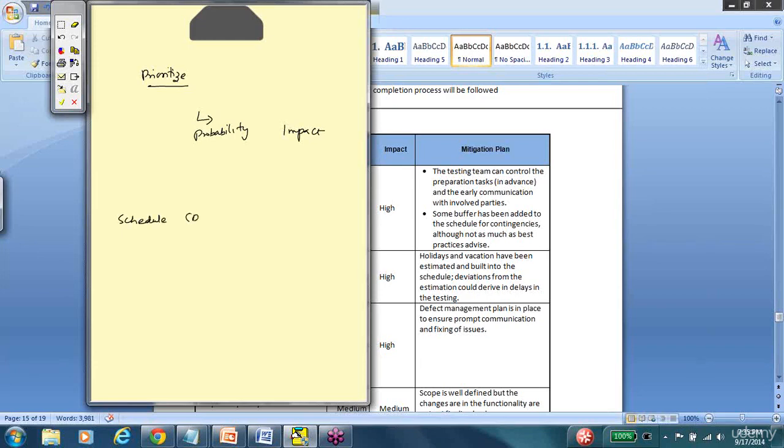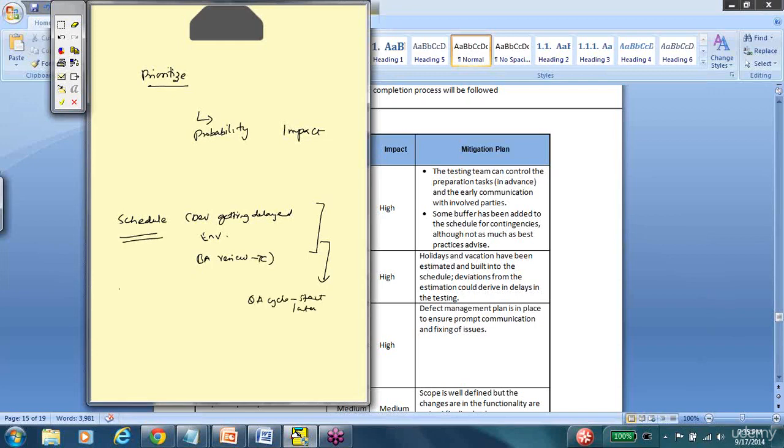The development team getting delayed for some reason, the environment not being available, or simply the BA not being available to review the test cases. Any of these things or some other things might cause the QA cycle to start later than intended. So this is a schedule related risk.